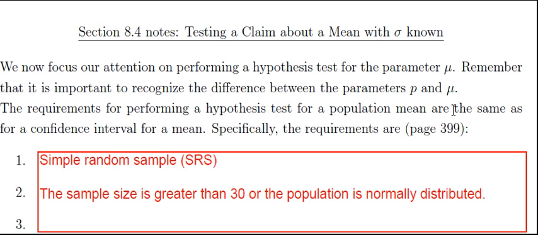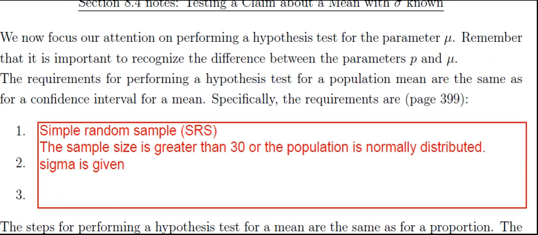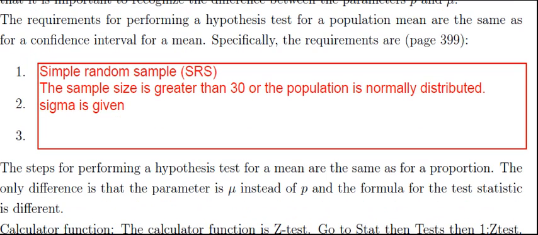And that's based on the central limit theorem. And then the third one is that the Greek letter sigma, which is the standard deviation, is given in the problem. Okay, so those are the three assumptions. And other than that, not much changes about hypothesis testing.